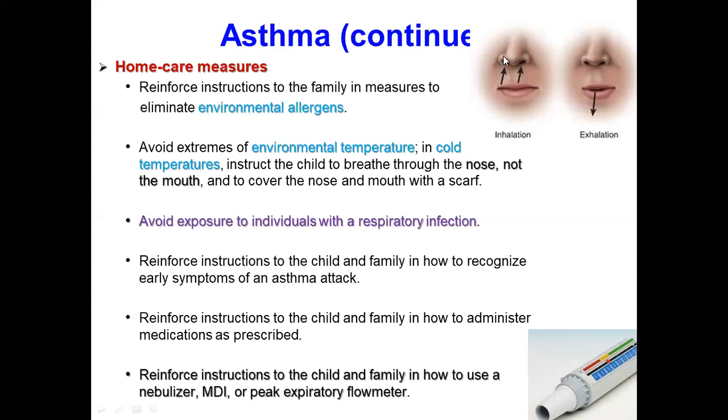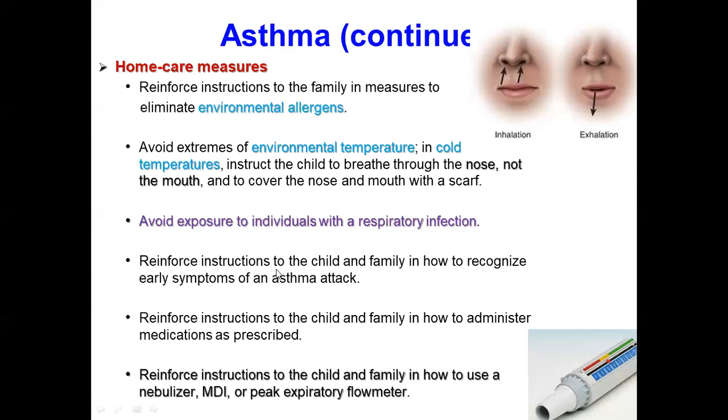So inhale through the nose, but exhale through the mouth. Avoid exposure to individuals with a respiratory infection. So if you know somebody is infected, better to avoid them. Avoid public places.